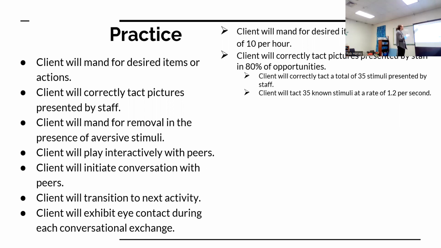When they're just initially acquiring the tasks, percent of opportunities could be used, and also an inventory, which is what I call it, where you're building up mastery of a certain amount of stimuli that they can correctly tact, and also using a percent of opportunities.